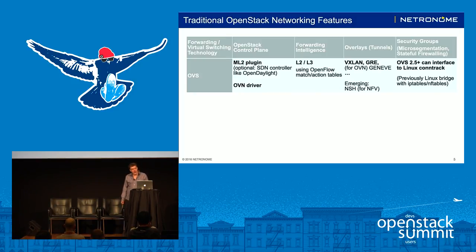But either way, the forwarding is typically done on layer 2, layer 3 criteria, even though it's built on top of OpenFlow match action tables, that's what's typically used. With OpenFlow being there, there's fortunately some room for growth.